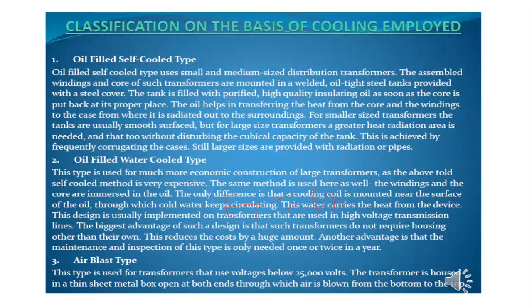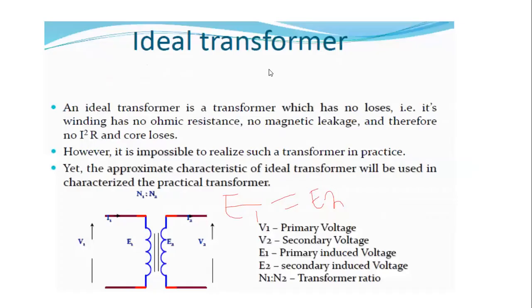It is not practically possible, but it is used only for study purposes. Ideal means no losses, so the output is produced without any losses. Therefore, input is equal to output in the case of an ideal transformer. That is the classification of a transformer.